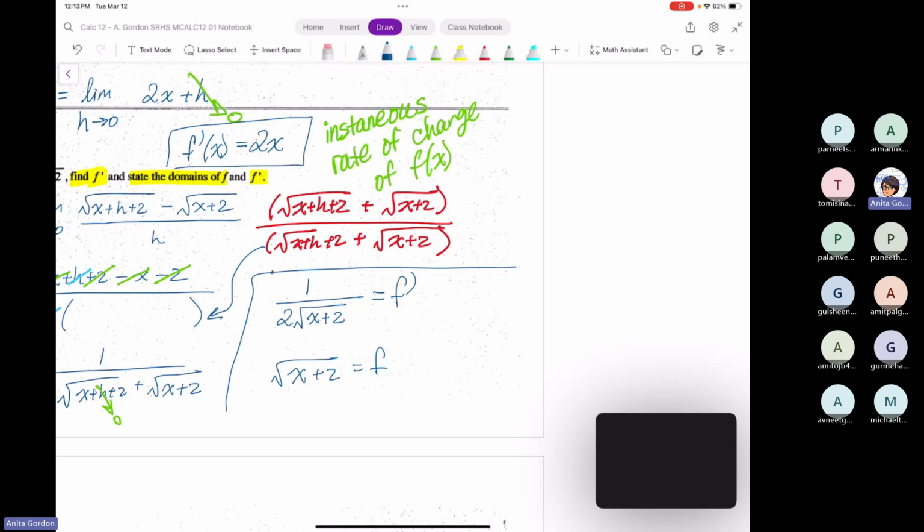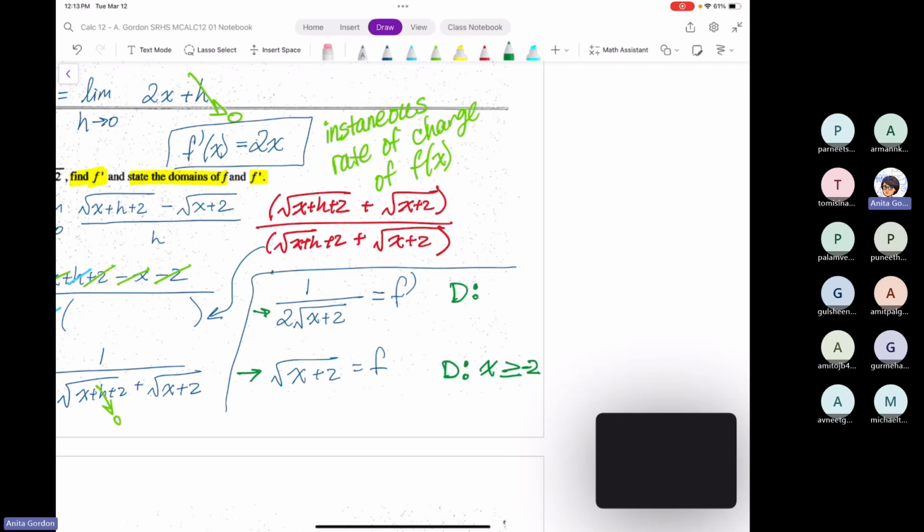Okay, so now what are the domains of these two? What is the domain here? What is the domain here? Let's do the original one first. What is the domain of the original function? X must be greater than or equal to negative 2 because we want positive numbers under the radical. What about the f prime function?